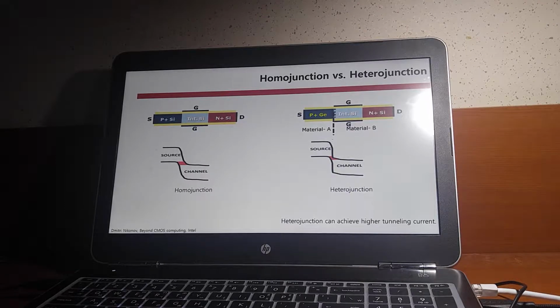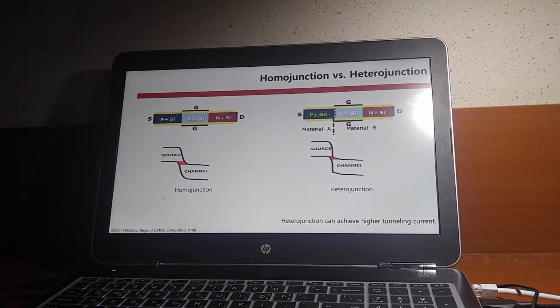To boost the tunneling efficiency, the band-to-band distance must be very short, or thinner, in the lateral direction. As you can see in this diagram, the left side is the homojunction and the right side is the heterojunction.